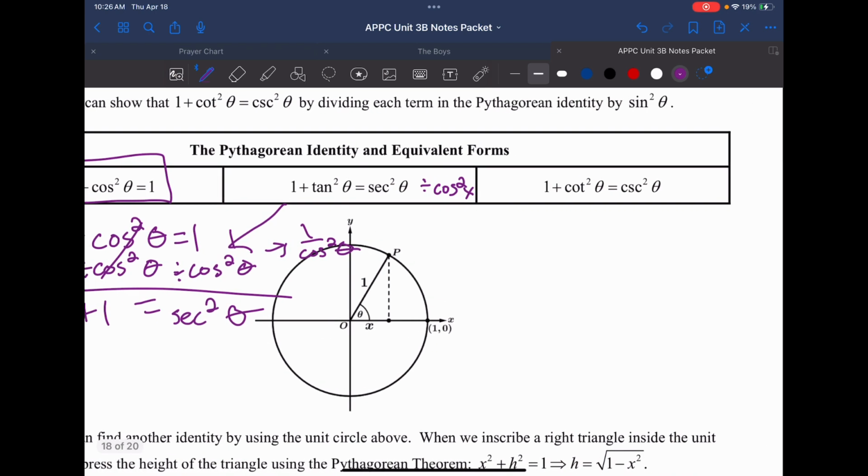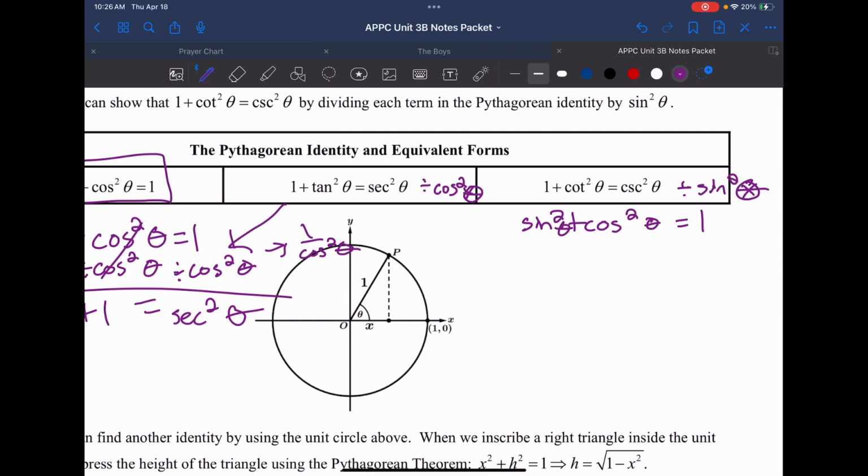And if we start at the same place and instead divide by sine squared theta, we can get the same thing. So sine squared plus cosine squared. I keep forgetting to write my thetas. Trying to go too quick.